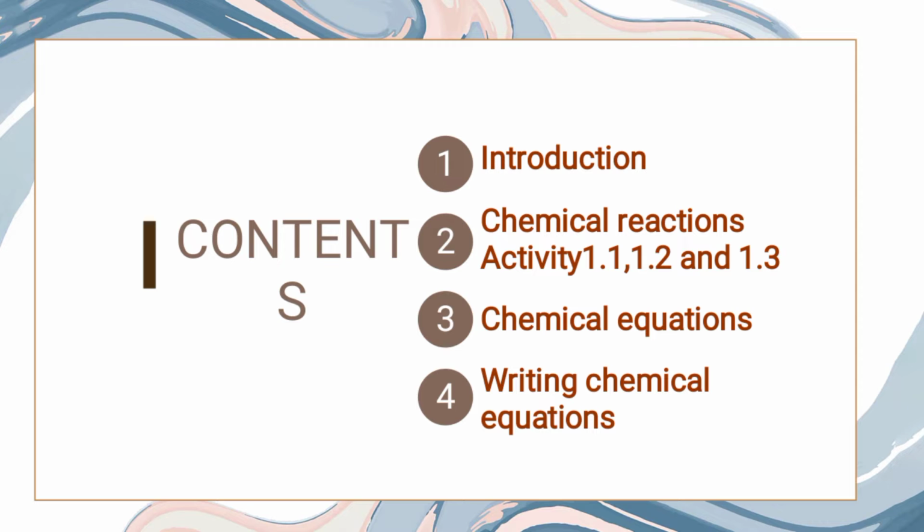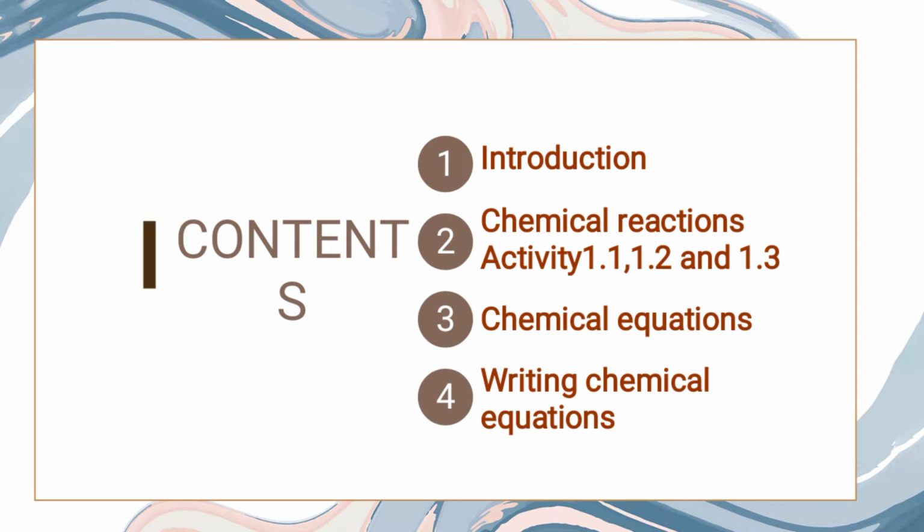So we'll study some introduction of chemical reactions and chemical equations, and next we will study about chemical reactions. We'll do some activities, that is some 3 experiments, to study how a chemical reaction takes place. So what happens when a chemical reaction takes place? Next we will study about chemical equations.